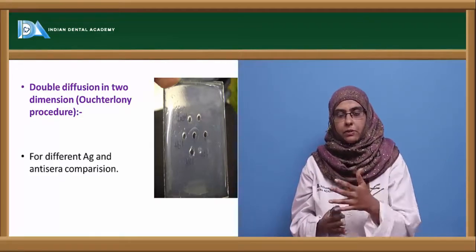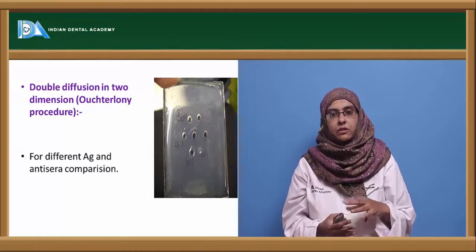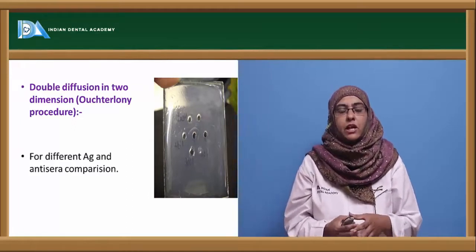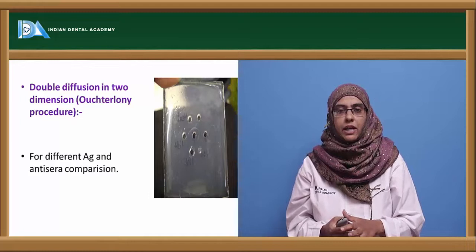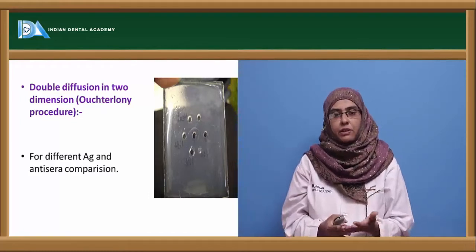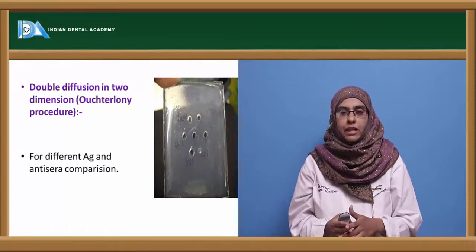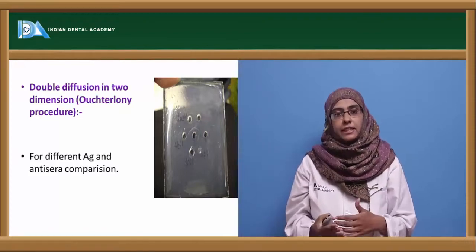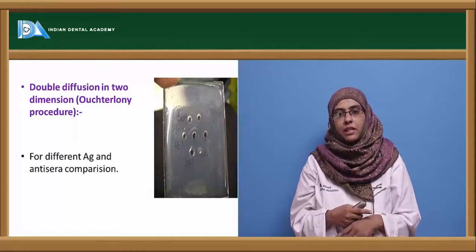Now this Ouchterlony double diffusion test also helps us to identify the cross reaction, the identity between two antigens or non-identity between two antigens. If there is an identity between two antigens, they fuse together to form a line of precipitate, and if there is no identity between the two antigens, the lines cross each other.